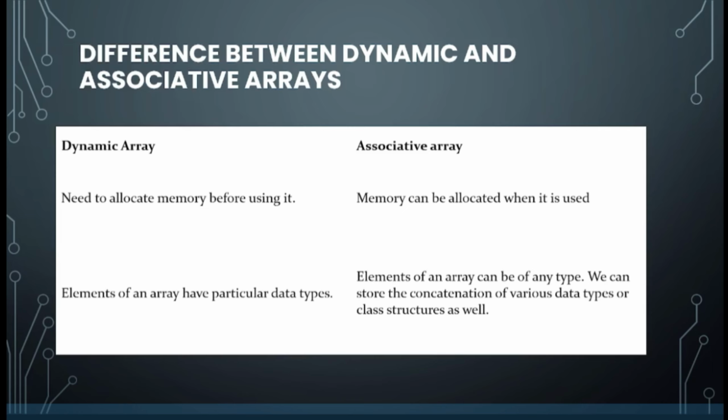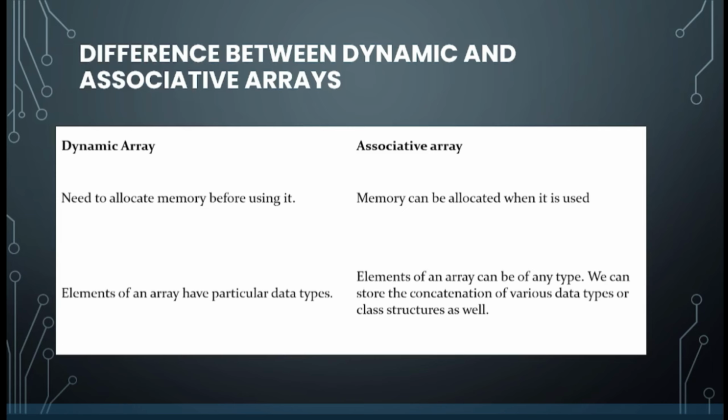And then the second important thing is, in case of dynamic array you will be using only particular data types, like you can use only integer data types. But in case of associative array that is not the case. Here you can use any kind of data types, like mostly we'll be using the string data types.